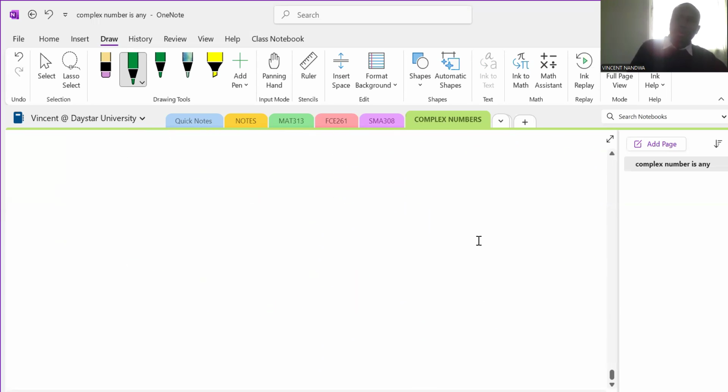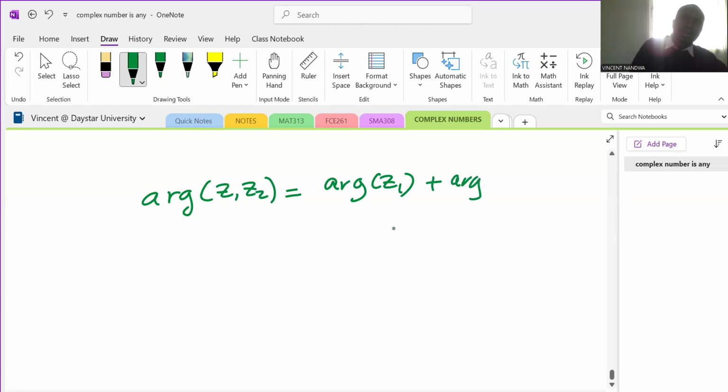So remember that also what we are using here is that the argument of a product is the same as argument of Z1 plus argument of Z2. Since we are saying that the argument of the product is either pi or 0, we know that the argument of Z is actually pi over 4. So this one is not changing. So this is what you are calling ZW.